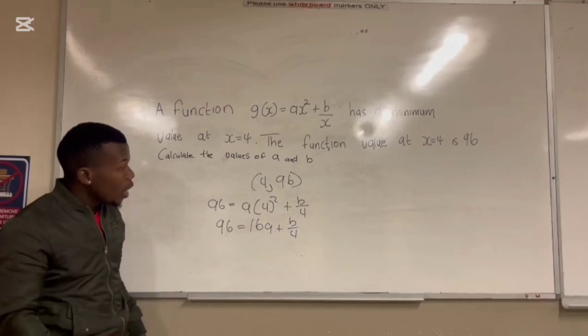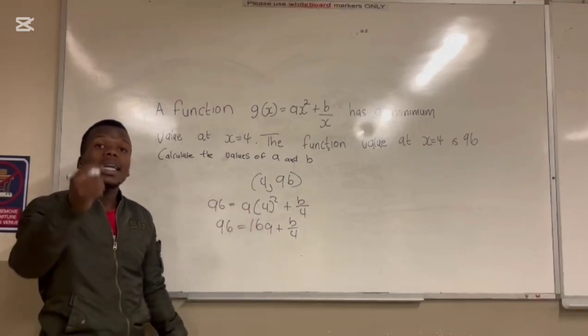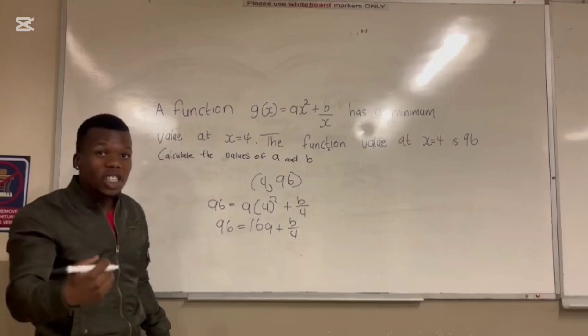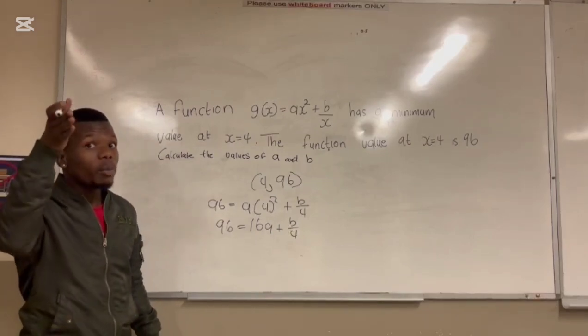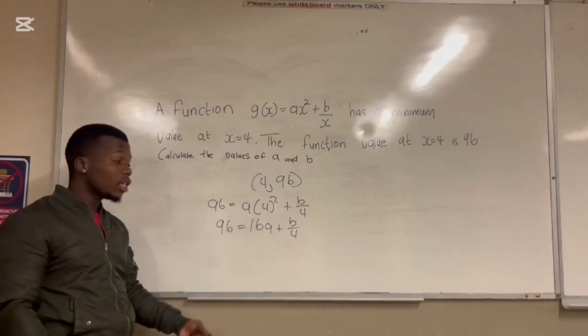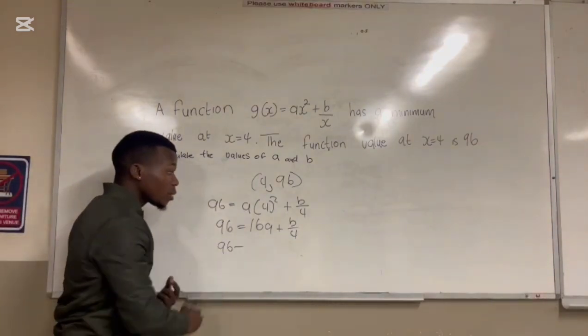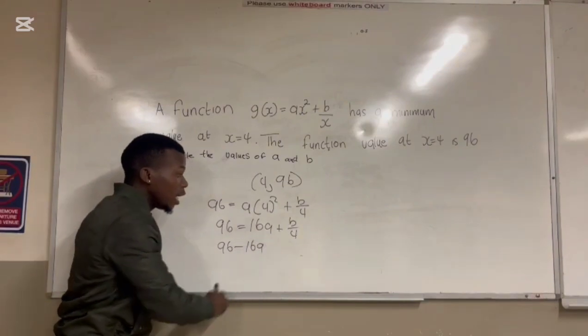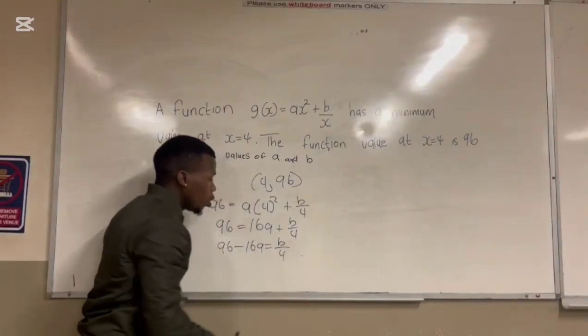Remember something, I will take this 16a to the other side, but everything that jumps the equal sign changes the sign. It means this 16a will change from being positive to being negative. This will be 96 minus 16a, which is equal to b over 4.